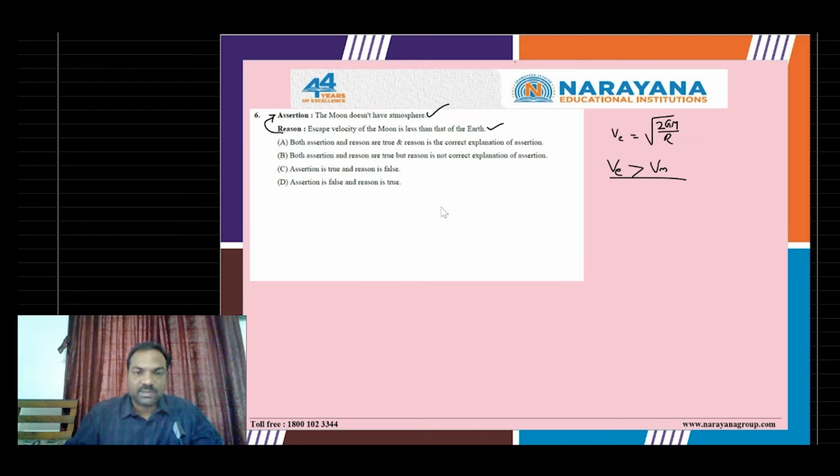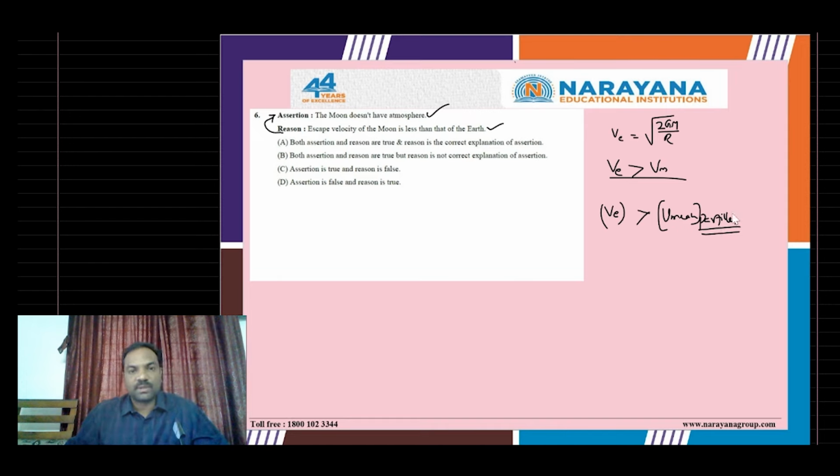Actually, to have an atmosphere, the escape velocity of the planet should be more than the root mean square velocity or mean velocity of the atmosphere particles. If atmosphere particles have some velocity which is more than escape velocity, then definitely those particles will escape from the planet, and the planet couldn't hold the atmosphere.